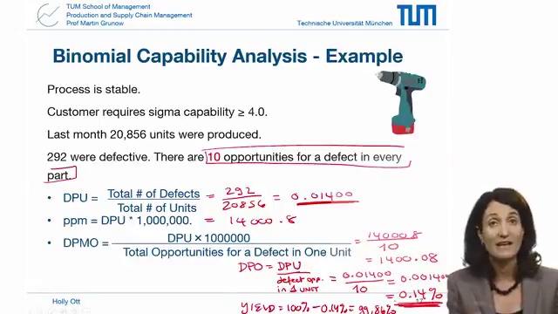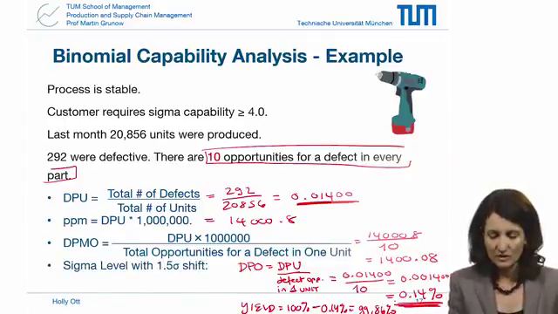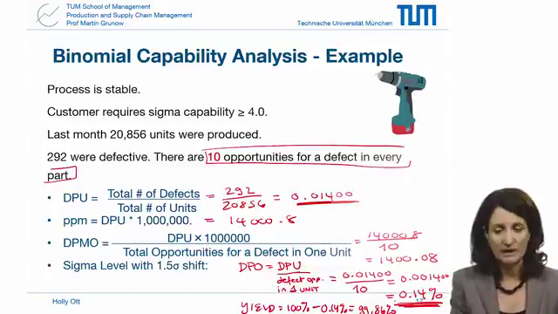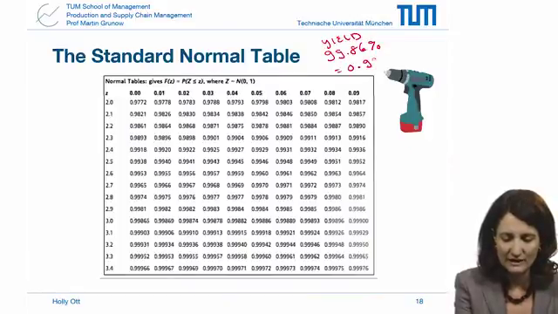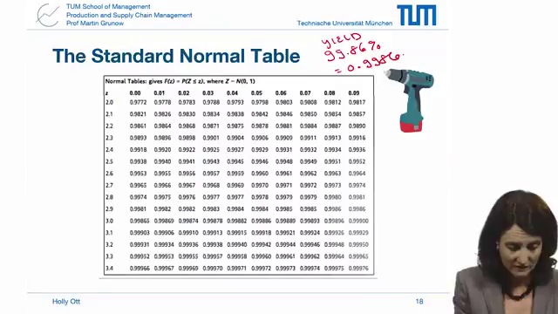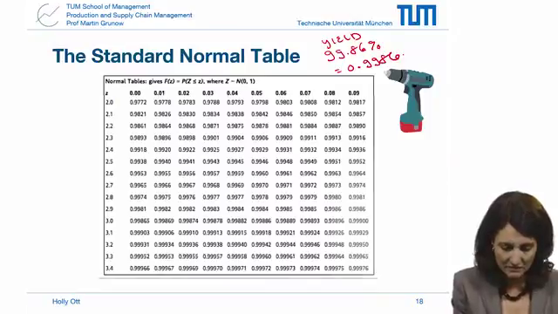So our yield then is equal to 100% minus 0.14%, which is equal to 99.86%. I'll show that again in a minute. Then we would convert to a sigma level. So, yield 99.86%, which is of course equal to 0.9986. Let's look for this. 0.9986.